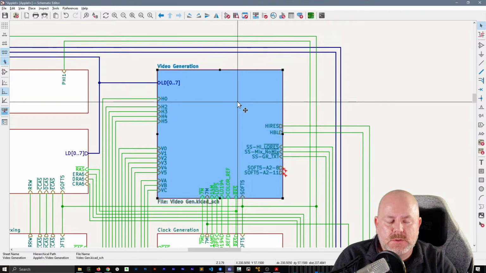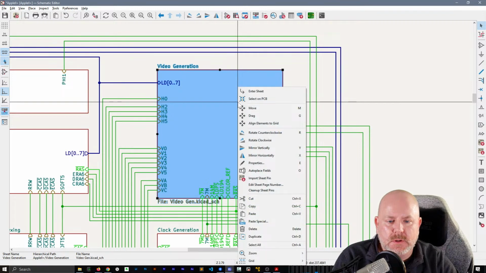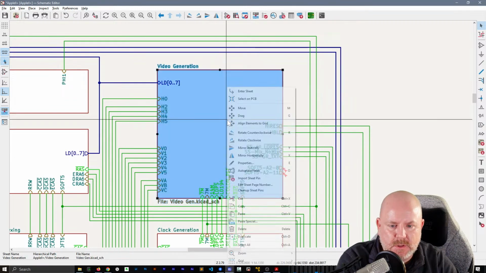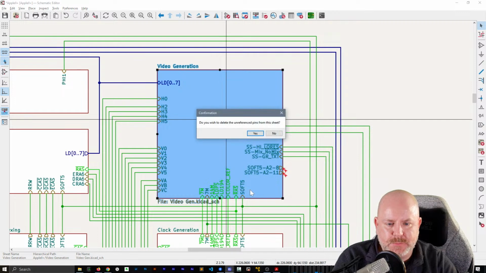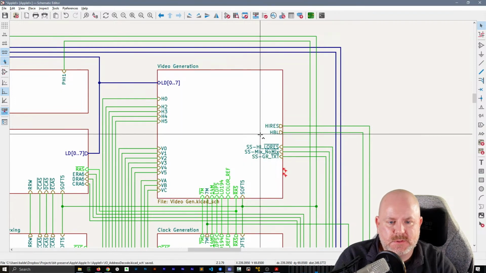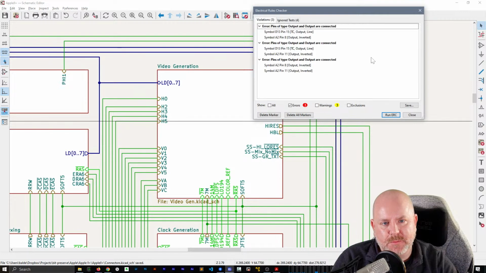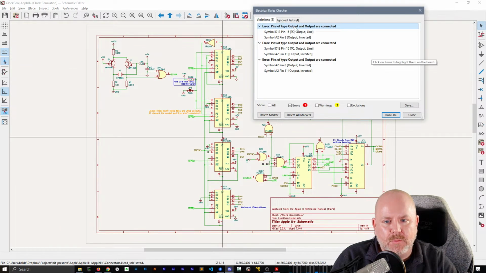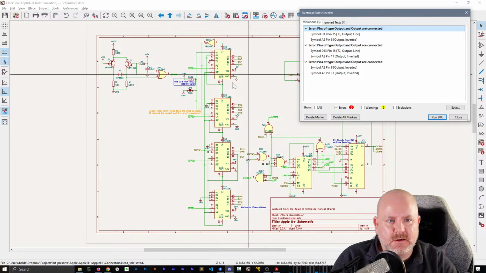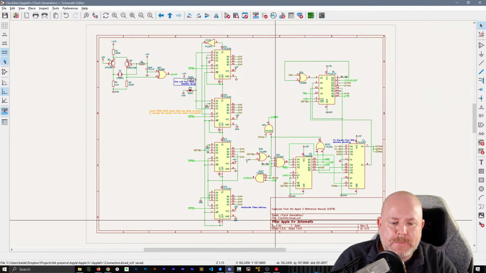Okay, so now I think there's our cleanup sheet pins. Remove those. Save this. Okay, ERC. Now what are you going to complain about? Output and output are connected. Okay, hold on.